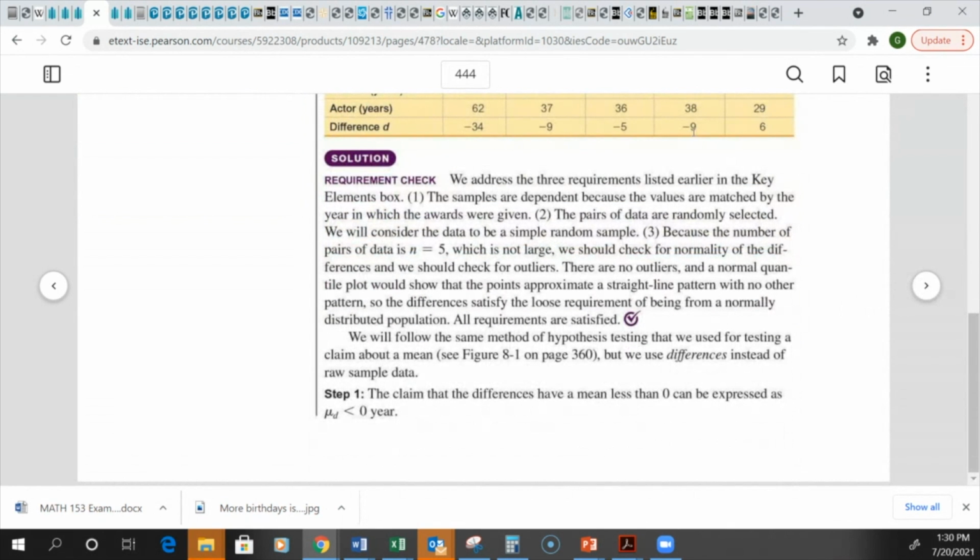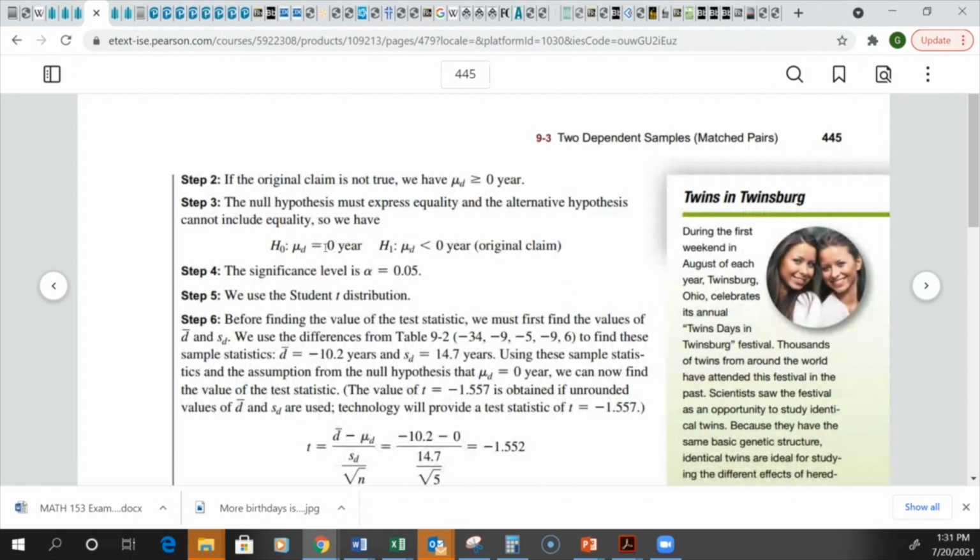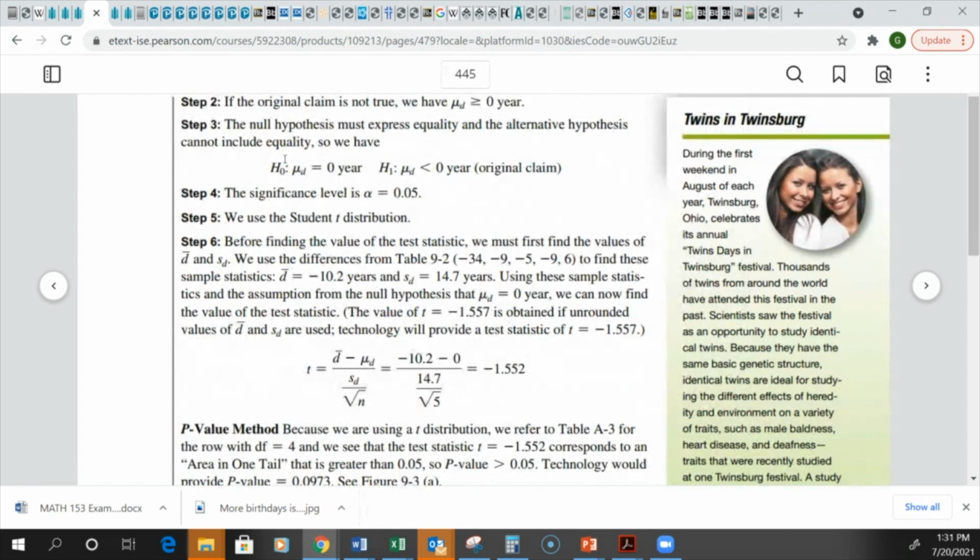We've already done that. Find the average, the mean of these differences. That would be D bar. And then find S sub D, find the standard deviation of those. And you plug everything in. Oh, we should have made a null hypothesis.